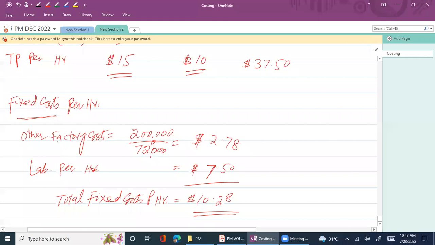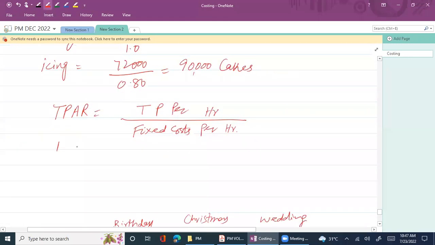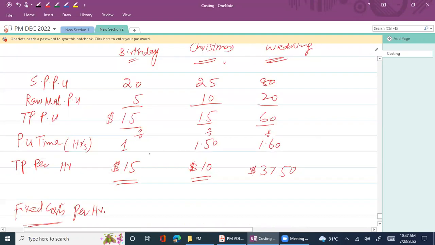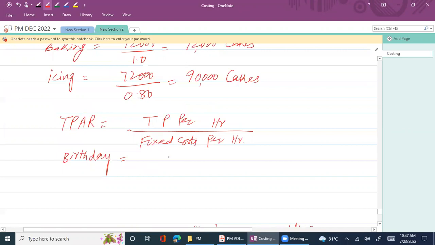Now, for a birthday, we have a throughput per hour of $15, and we have a cost of 10.28. So what will be our throughput accounting ratio for birthday cake?